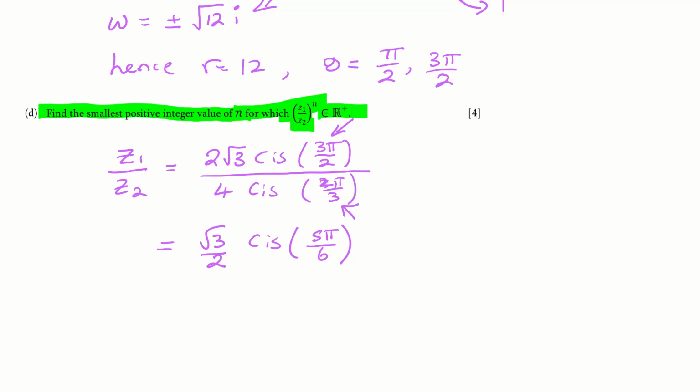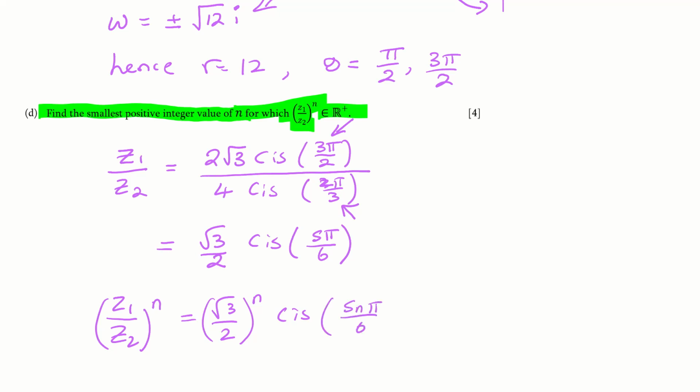So (z1 over z2) to the n would be (root 3 on 2) to the n cis 5n pi by 6.